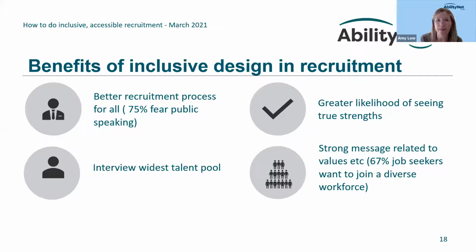So, just a quick sum up of the benefits of inclusive design in recruitment then, Mairead. So firstly, if you have inclusive design in the recruitment process for everyone, if you think about 75% of people have a fear of public speaking, so offering an alternative representation can really help people shine.